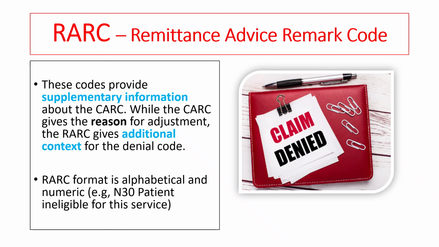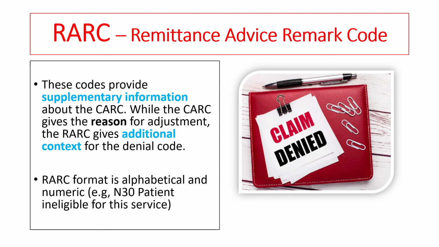That is why most of the people look for the remark code. Even if a denial code is there and a remark code is there, which is the priority? Remark code is the priority. By seeing the remark code, we can find out the exact potential cause of the claim. They will give the denial code, and in addition to the denial code, below we can see one more code called the remark code.